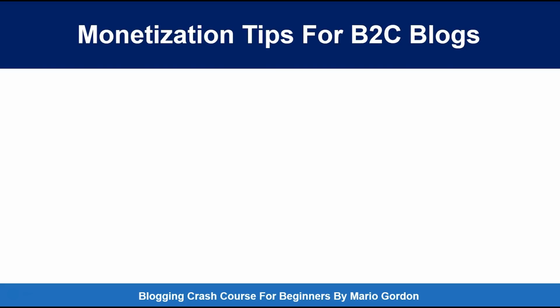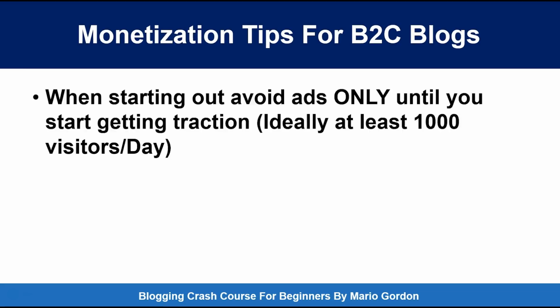Now, monetization tips for B2C blogs. You remember earlier when we talked about the two types of blogs, business to consumer? What I would recommend is, when starting out, you should avoid ads until you start getting traction.